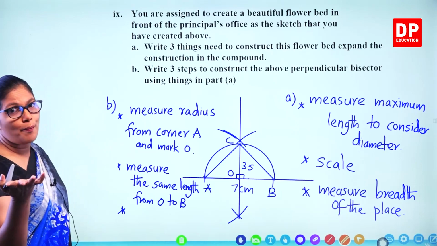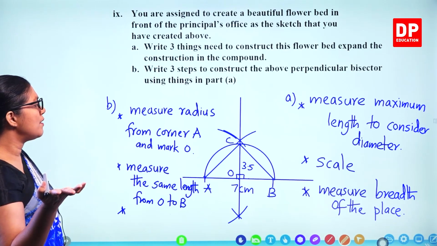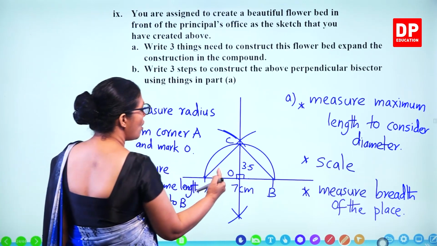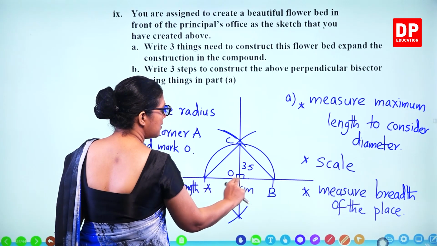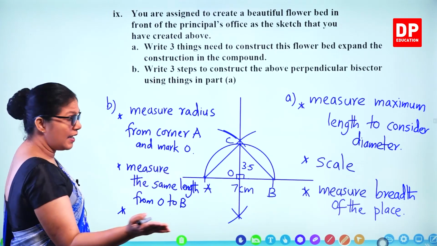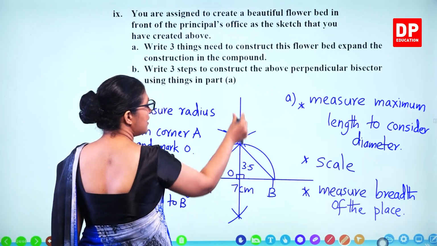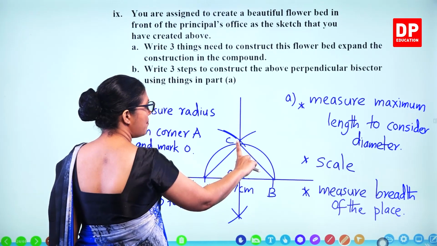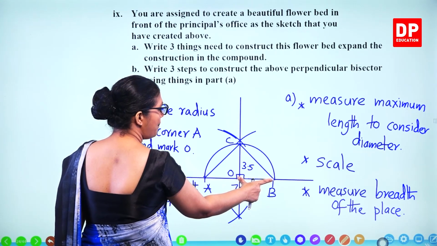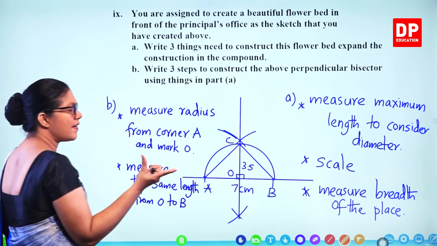We don't have a compass to construct actual values. So we can keep the meter ruler on top of AB, and draw the perpendicular line so that you get a perpendicular line, and measure the same distance that we took as the radius.